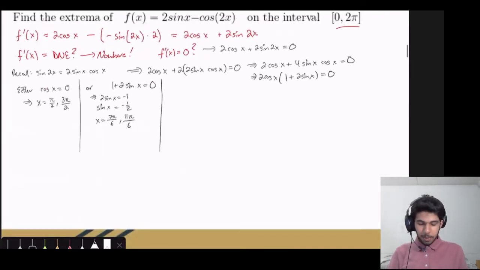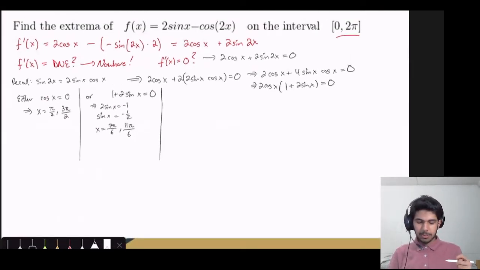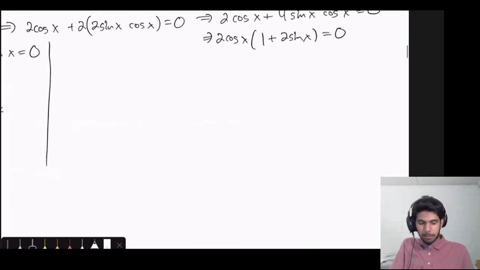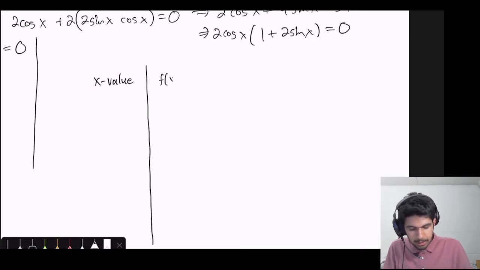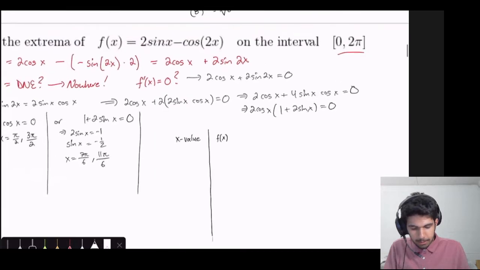So now we have 4 critical values: pi over 2, 3 pi over 2, 7 pi over 6, 11 pi over 6. It's more than what we saw previously, but we do the same thing as before. We'll create a chart where this is our x value, and then we want f of x, the function evaluated at that point.